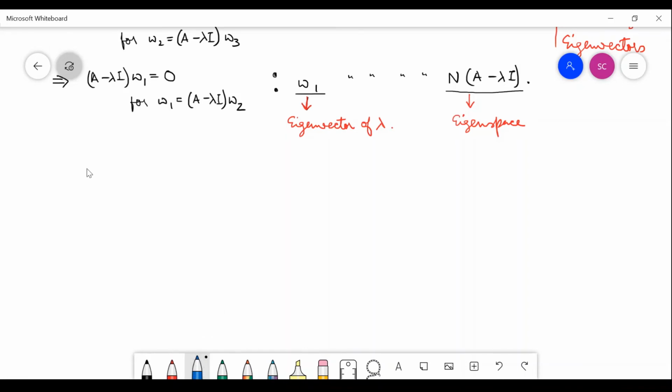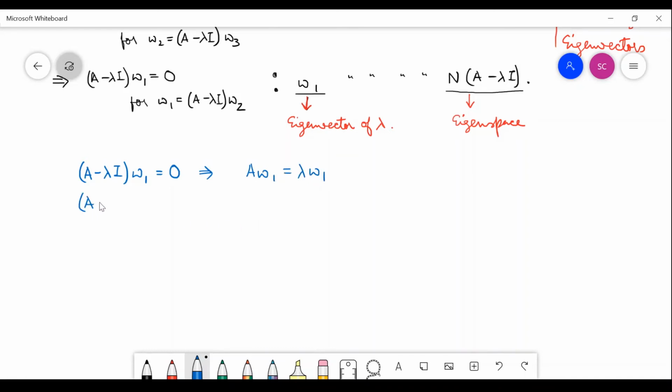Let me use blue color. A minus lambda I omega 1 is 0. This means A omega 1 equals lambda omega 1.